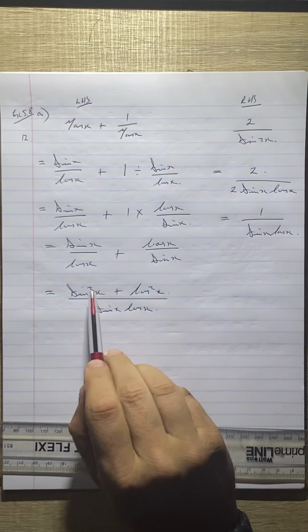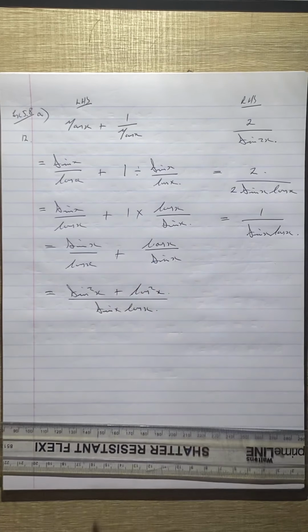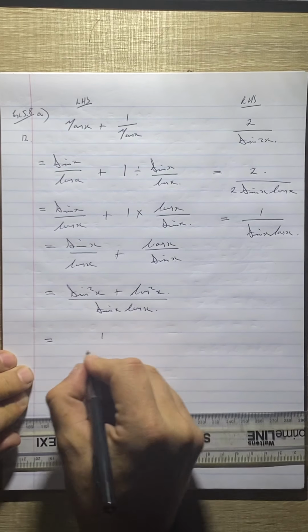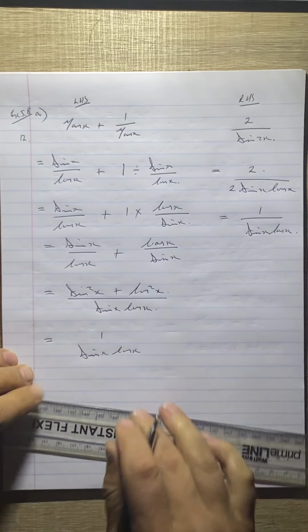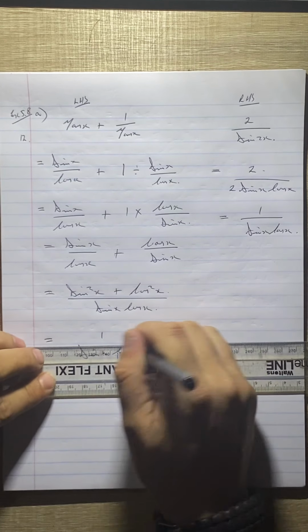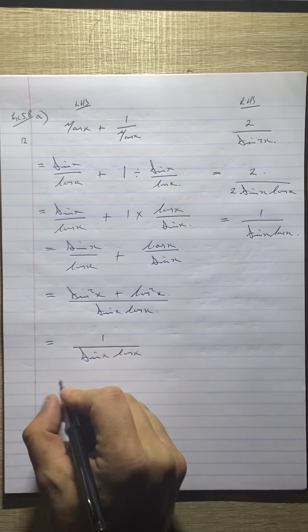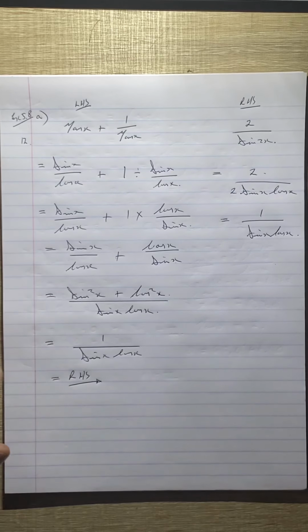Okay, so what we have at the top here now is our square identity. I know that this thing is going to be equal to 1. So we get here 1 over sine x cos x. And that's our right-hand side. So equals our right-hand side. And we have done that.